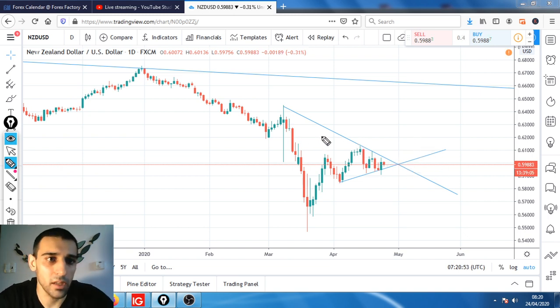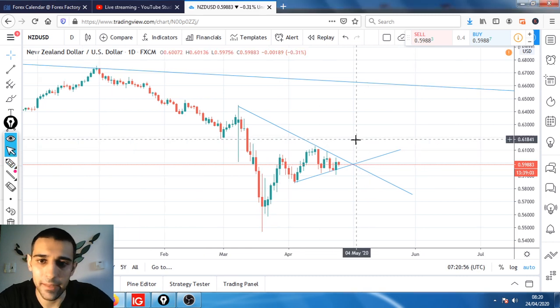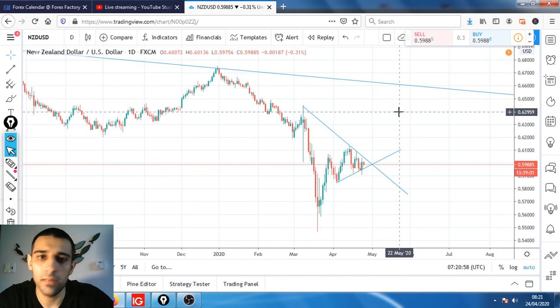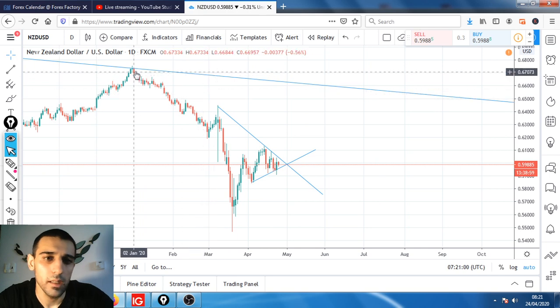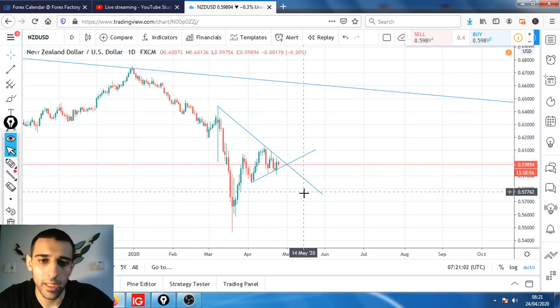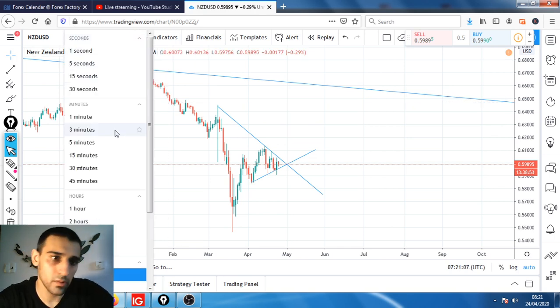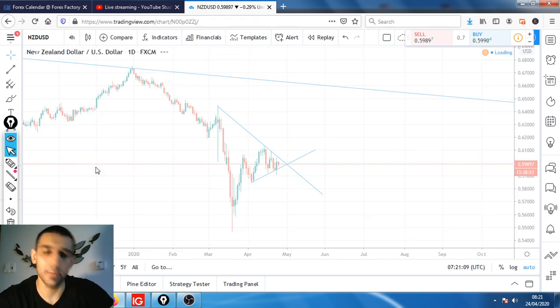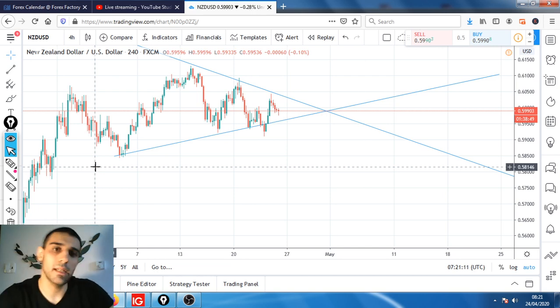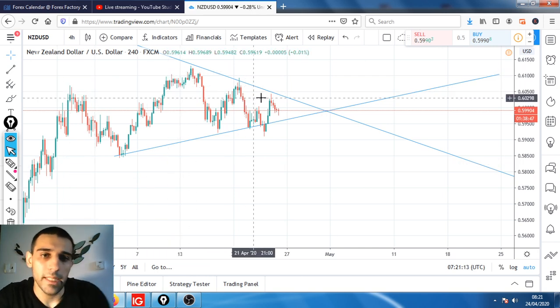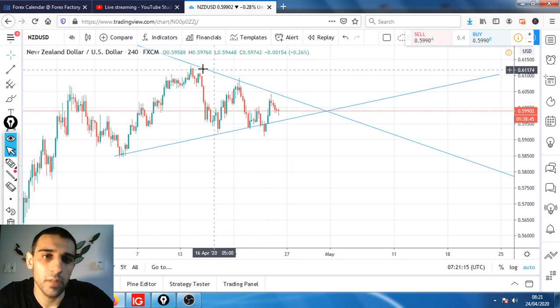The question is where it's going to head. We have more of a downside as of the big trend, but let's go to the 4-hourly time frame and see what we have. Yeah, still looking down. We also have a similar one.